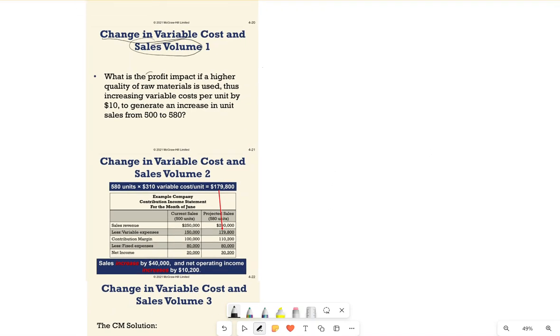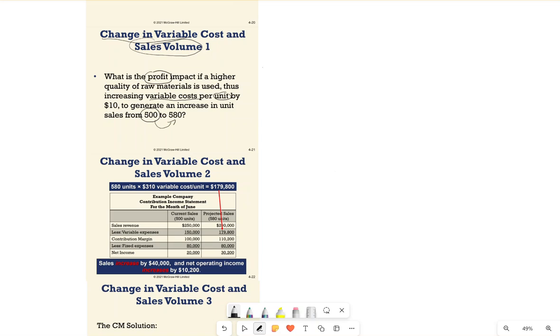What will be the impact on profit if variable cost and sales volume change, without doing the income statement? So what you could do is look at what is happening. What is the profit impact if a higher quality of raw material is used, thus increasing the variable cost per unit by $10? Our sales were 500 units.